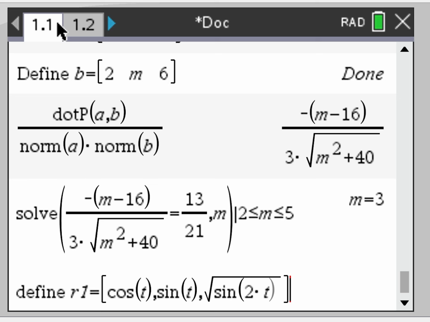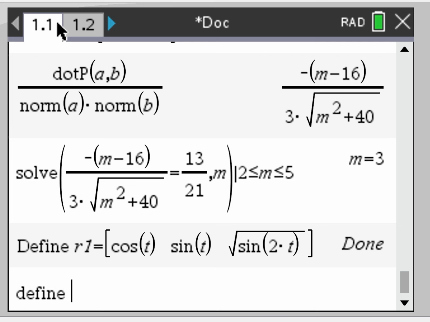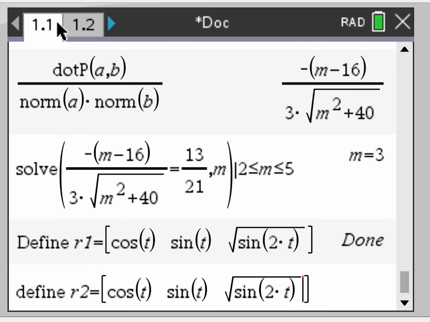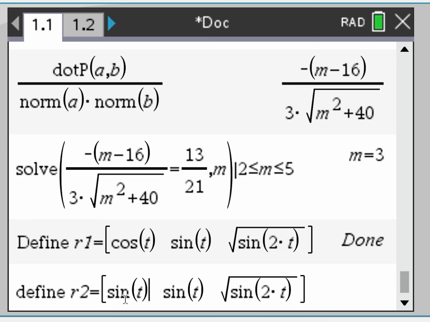Okay, and then define r2. r2 is the same as r1. There's only a little change: it's going to be sine t and cosine t. So sine and cosine switch places. Everything else is the same.